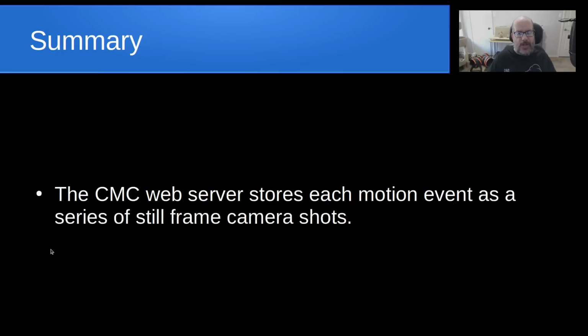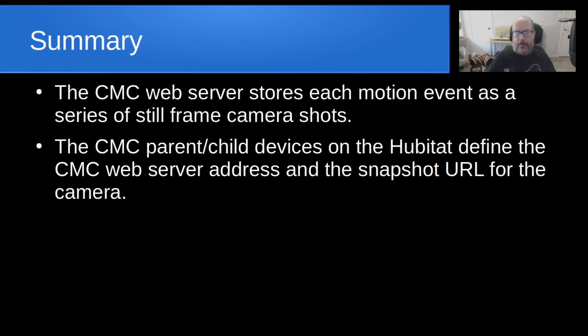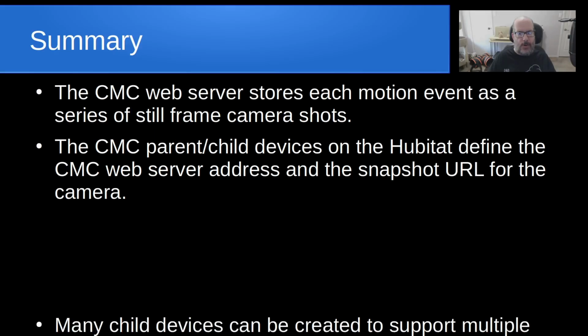In summary, the CMC web server stores each motion event as a series of still frame camera shots. The CMC parent and child devices on the Habitat define the CMC web server address and the snapshot URL for the camera.